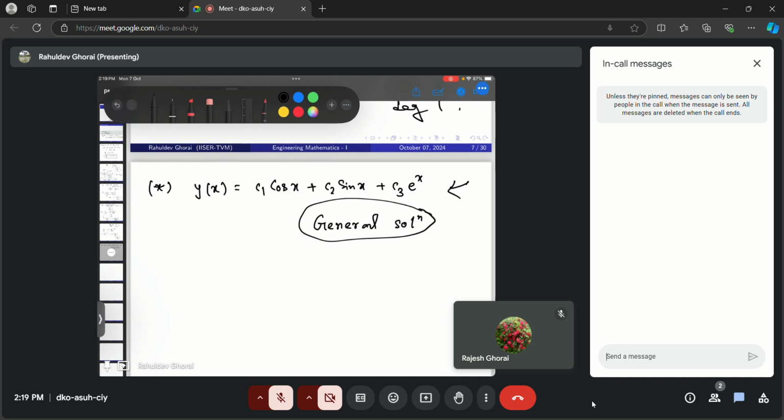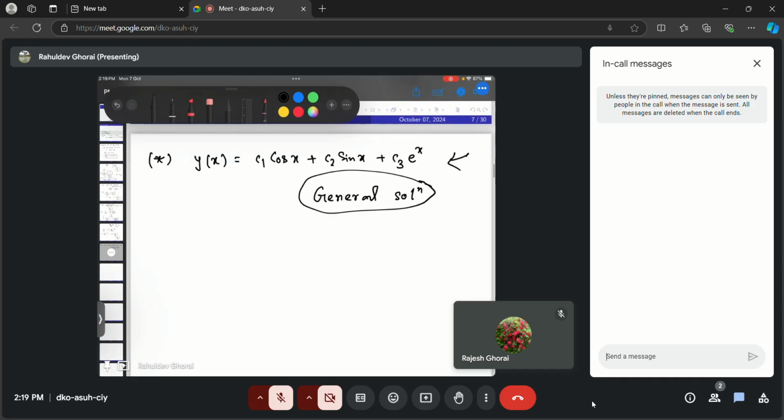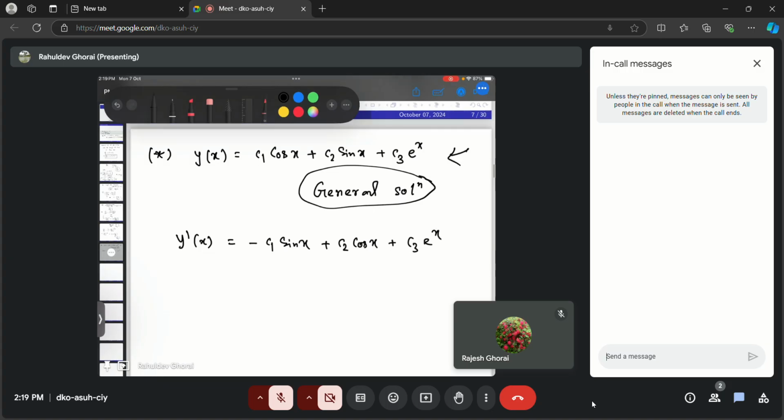To do that, you simply take derivatives and check. If you take y prime x, it will be minus c1 sin x plus c2 cos x plus c3 e to the power x. So e to the power x remains unchanged, and y double prime x will be minus c1 cos x minus c2 sin x plus c3 e to the power x, right?